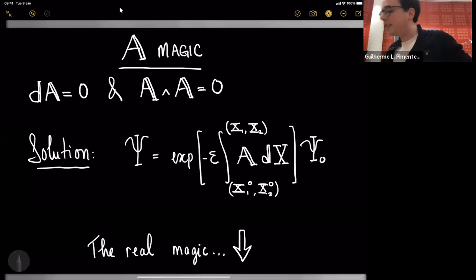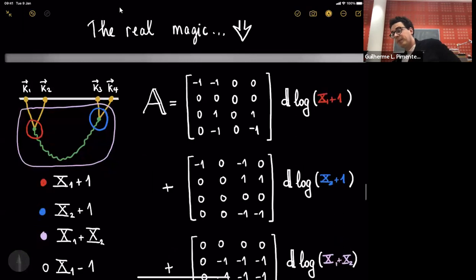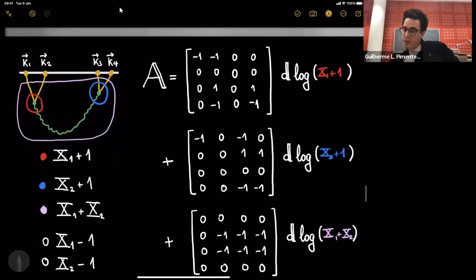But now the real magic is the form of the matrix A, which when I computed, I couldn't believe it. And here it is. Just a reminder of the possible singularities of cosmological correlators. And A is a bunch of d-log forms. It's a d-log form of all the possible singularities of cosmological correlators.